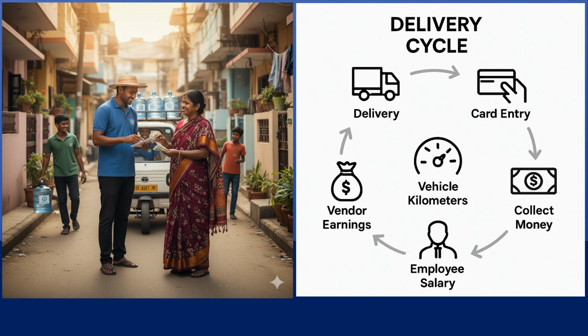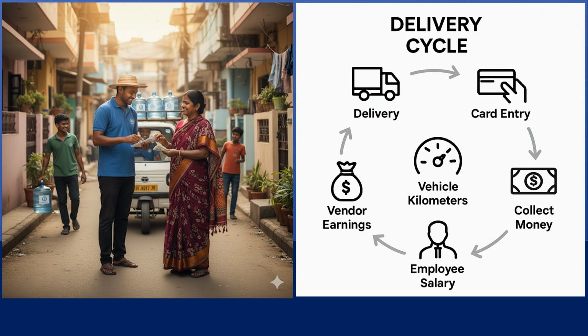Over here, there are three key actors or users. The first one is the vendor who sells the water. The second one is the customers, households basically, who buy the water. The third one is the vendor's employees.